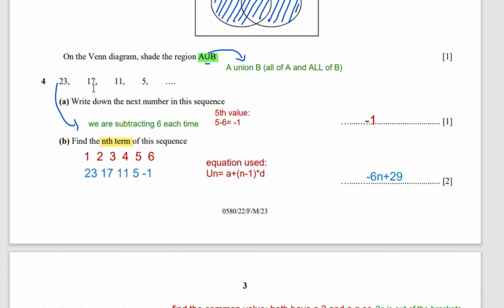Again, let's do the process with the third term. 11 minus 17 is also -6. So the trend is that we are subtracting 6 from each value. So how can we find the fifth value? It is 5 minus 6, which is -1.